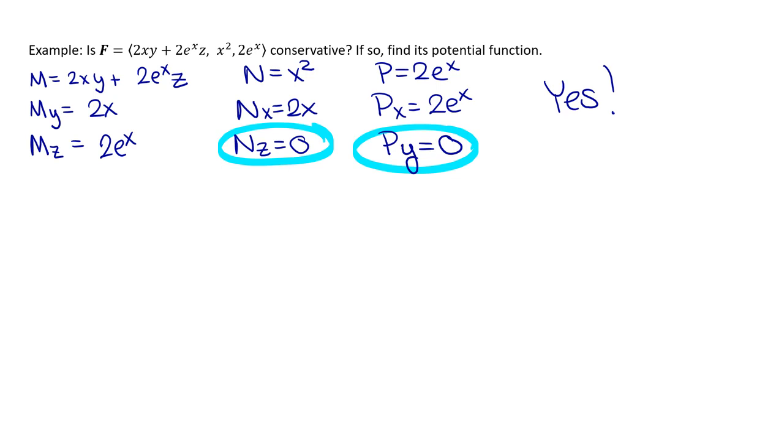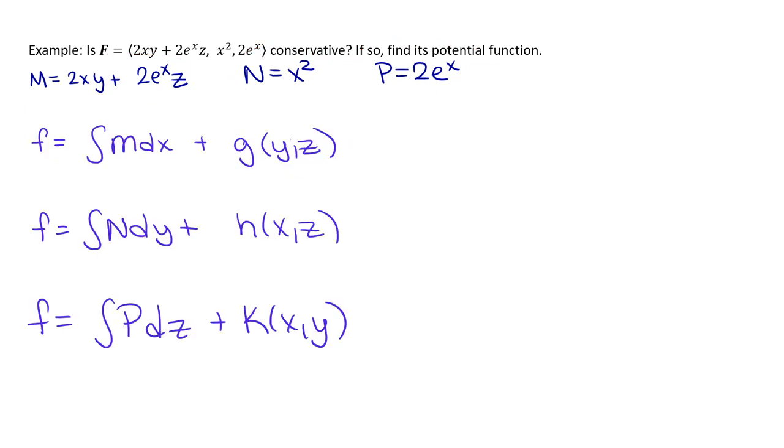So now if I'm going to find its potential function, because this is in 3 dimensions, I'm going to set up 3 integrals. I'm going to be integrating my m with respect to x, the n with respect to y, and the p with respect to z. Okay, so I have that written down on the screen now.